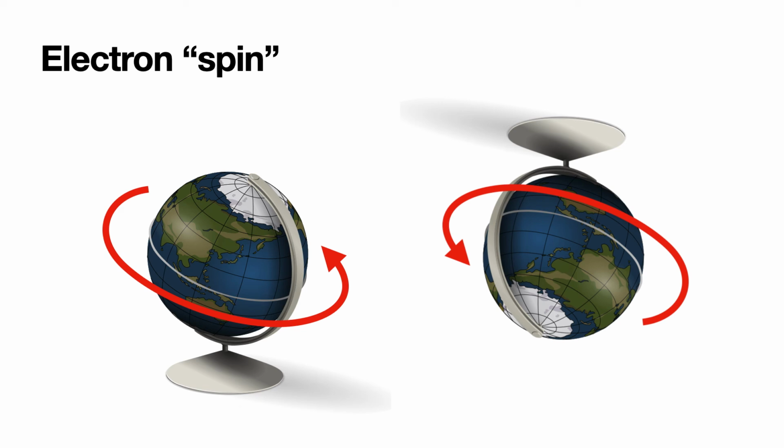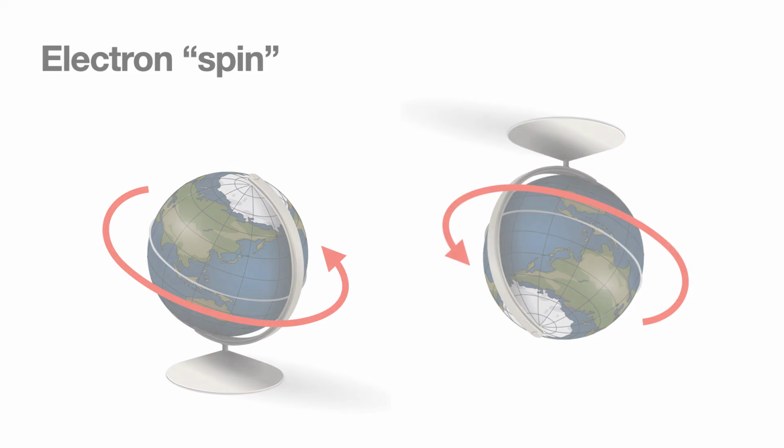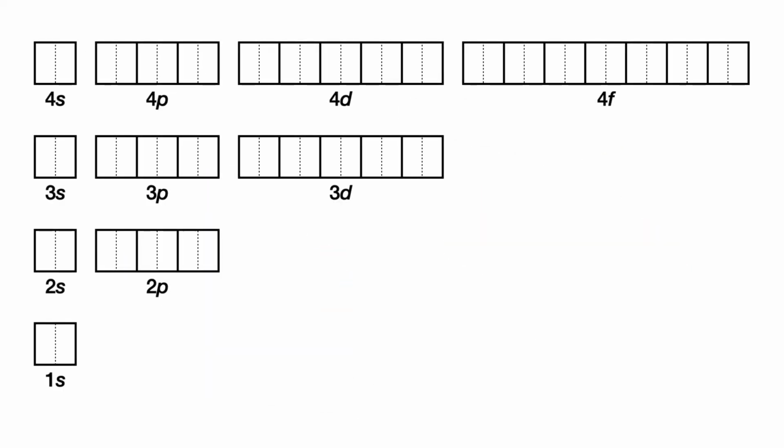So coming back to the diagram of the energy levels, it's very common to represent the orbitals and the sublevels of an atom with boxes, where each orbital is represented by a box in a picture like this, and you can see they are arranged by energy level.